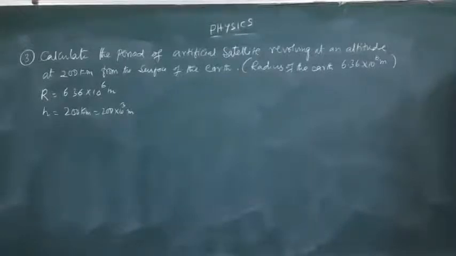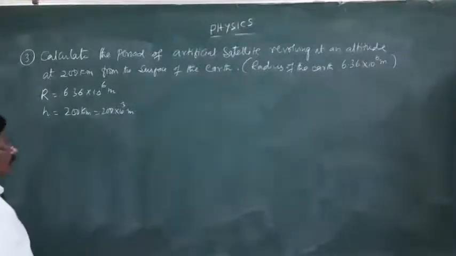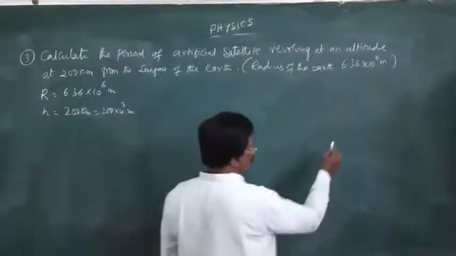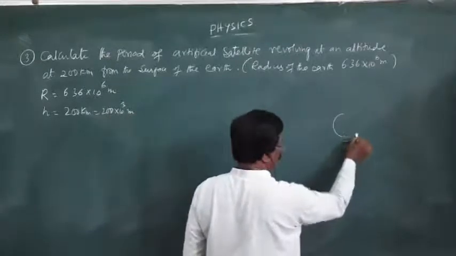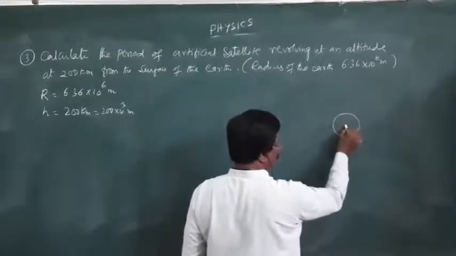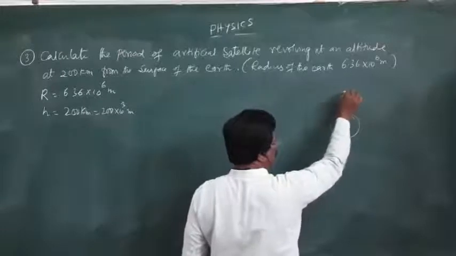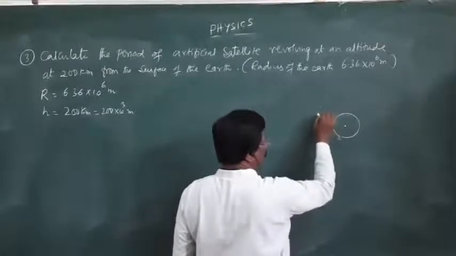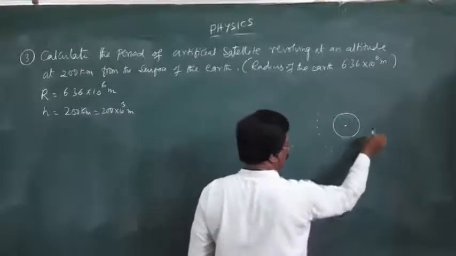So what happens to the radius of the satellite orbit? Suppose the earth is here, and from the center of the earth we have to take, this is the orbit of the artificial satellite. Imagine this.